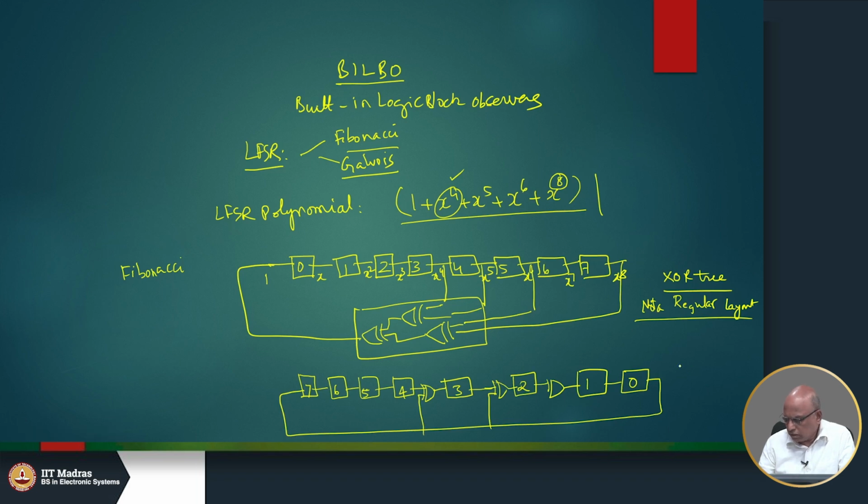So, this is the Galois LFSR. No XOR tree. It requires 2-input XOR gates, and you can actually build a cell like that. And then the layout will be very regular, right. So, let us do this simulation also like yesterday and establish that this also works.